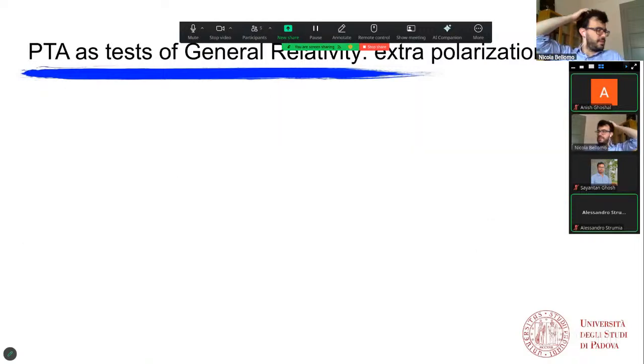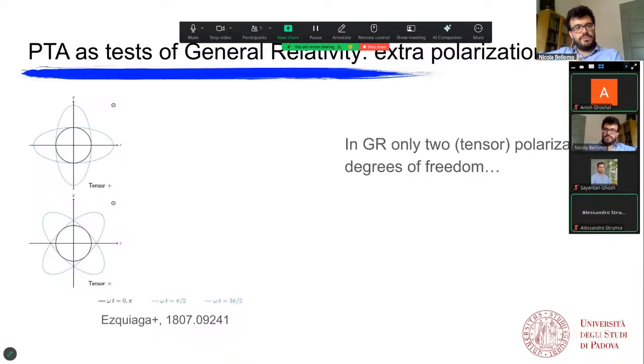The second science case I would like to tell you about is the use of PTA as a test of general relativity. In particular, I'm considering the polarization degrees of freedom. In GR, we know that gravitational waves are characterized by 2 degrees of freedom corresponding to 2 tensor polarizations.